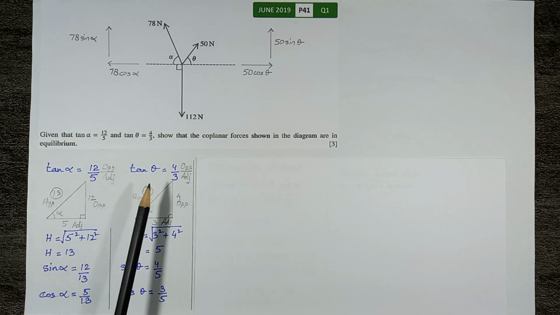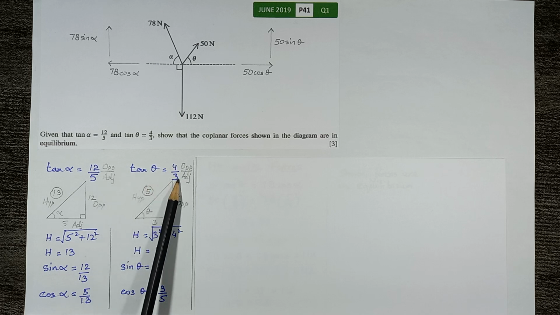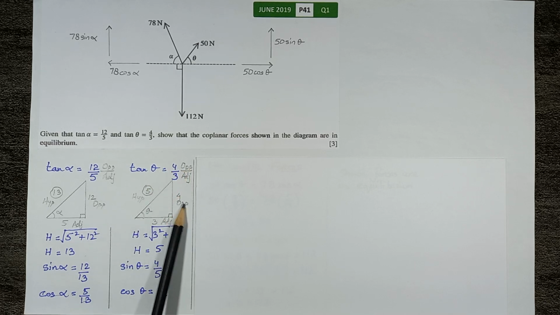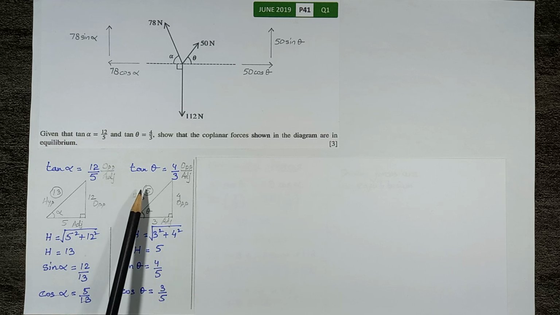The same method goes on with the angle theta. Tan theta is equal to 4 upon 3. 4 is opposite over here, 3 is adjacent over here, and by using the Pythagoras theorem and then simplifying it, the hypotenuse would be 5, which is over here.